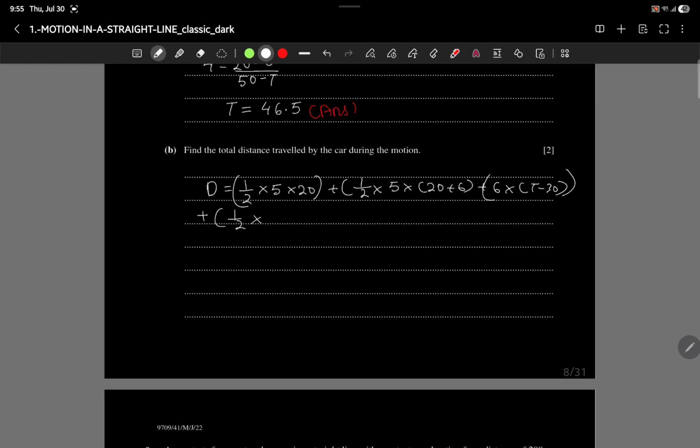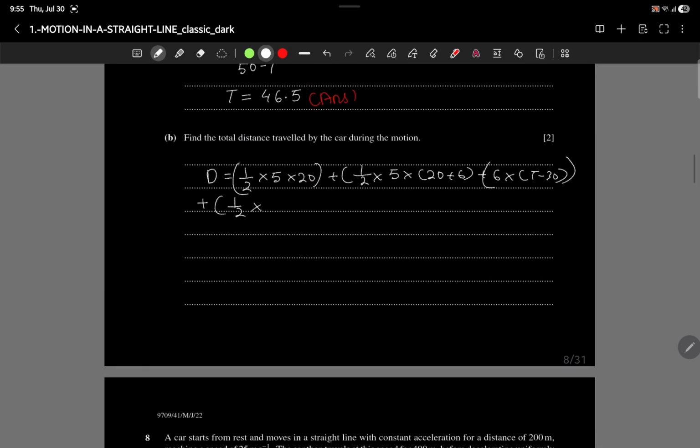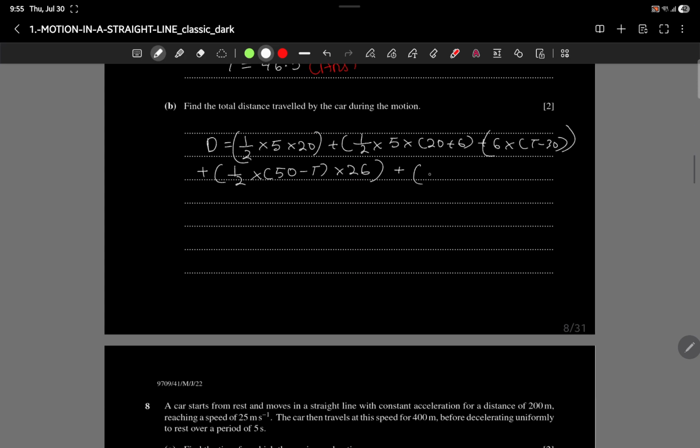Then we have trapezium again. And then finally a triangle. Okay. It's pretty big, but very simple. Just now input all of this in your calculator. And that should be it.